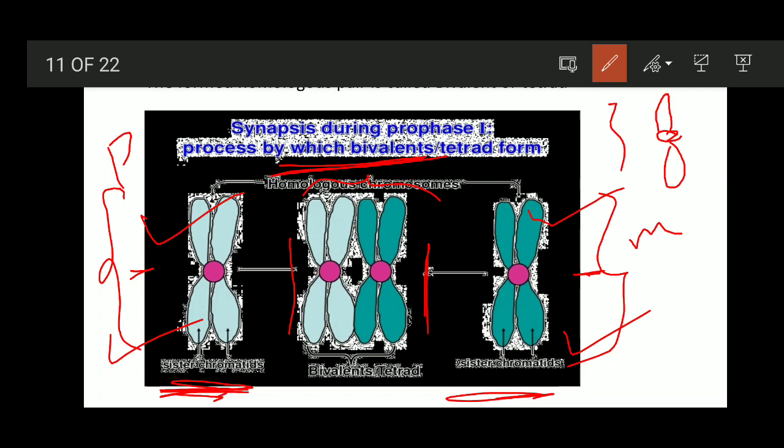So recombination takes place between the non-sister chromatids of homologous chromosomes. These two are non-sister chromatids, this and this can be non-sister, this and this, this and this. So different combinations can be obtained during crossing over.